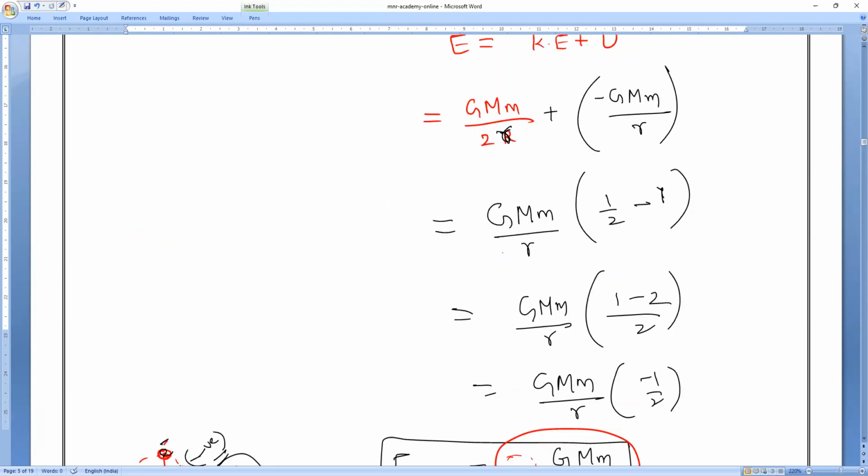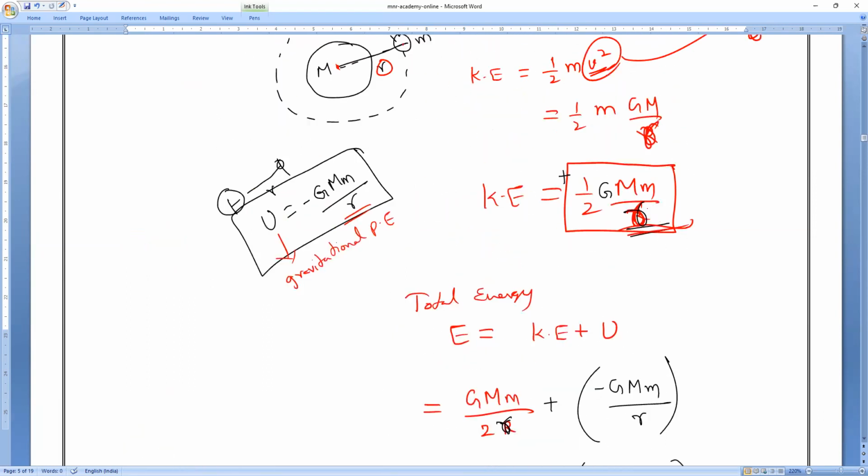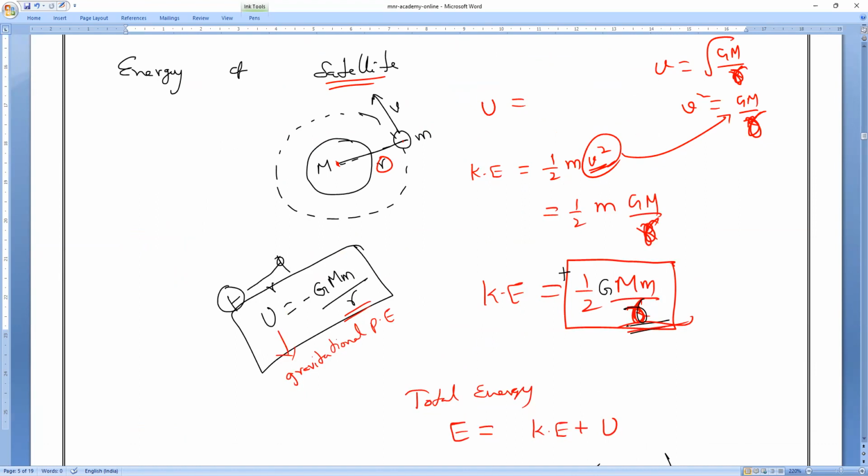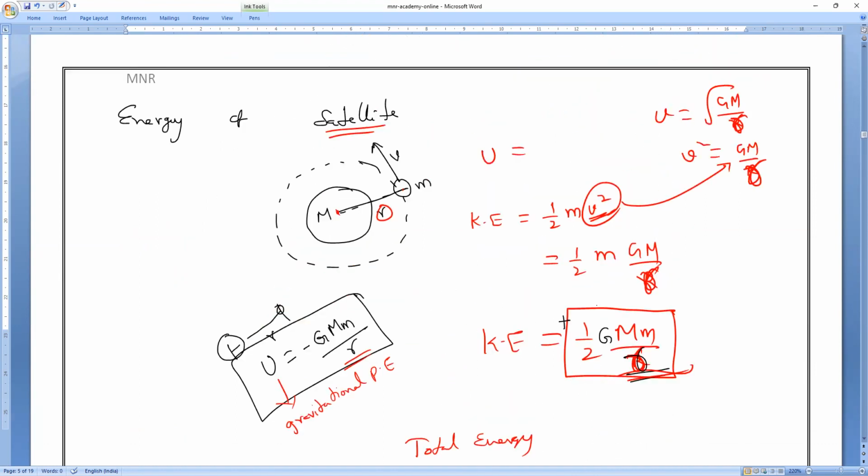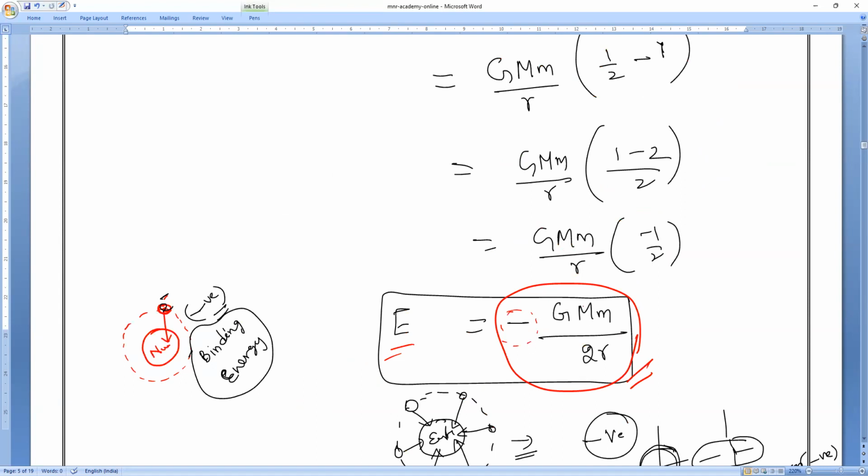So what is the kinetic energy? Verify, everybody. Gmm divided by 2R. This is the kinetic energy. And what is the potential energy? Minus Gmm divided by R. So the total energy is always half of the potential energy.